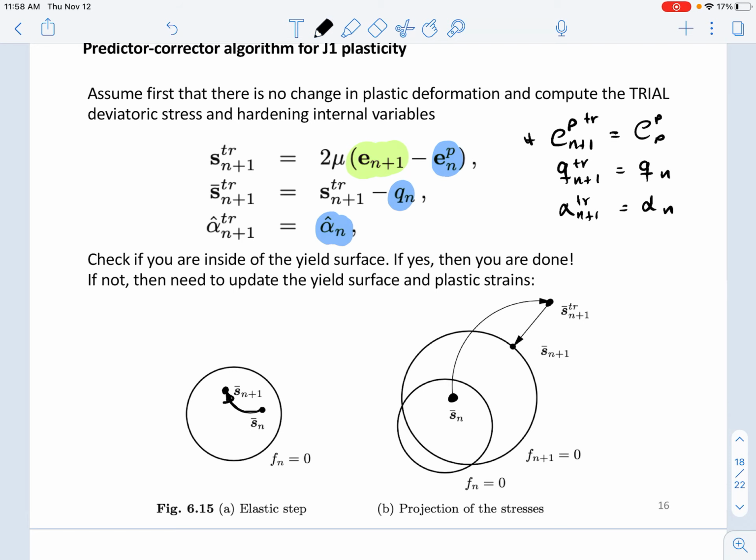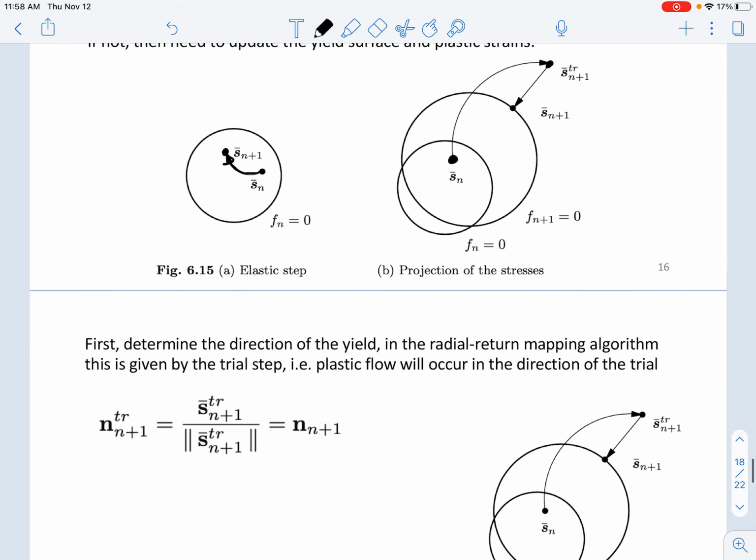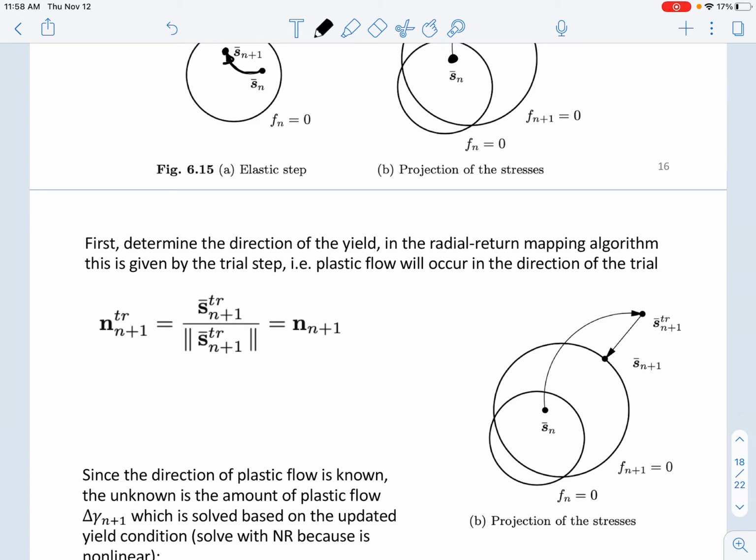And so that's what we need to do. And the way it's done is you have to project this back here. Some simple things when you have this associative plasticity is that the direction of the plastic flow is directly given by the trial. So this is why this is called the radial return mapping, because your actual final stress is basically projected back to the yield surface based on the trial.